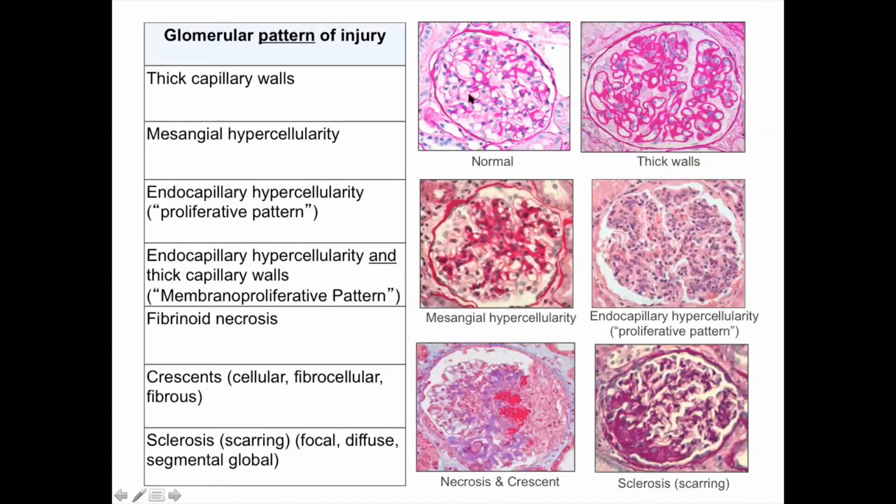Mesangium is just supporting the loops. ما عندنا expansion within the mesangium, and there is not more than 3 to 4 mesangial cells per loop. إذا زادوا عن هذا معناته إن إحنا عندنا we have mesangial hypercellularity, and the loops are patent.